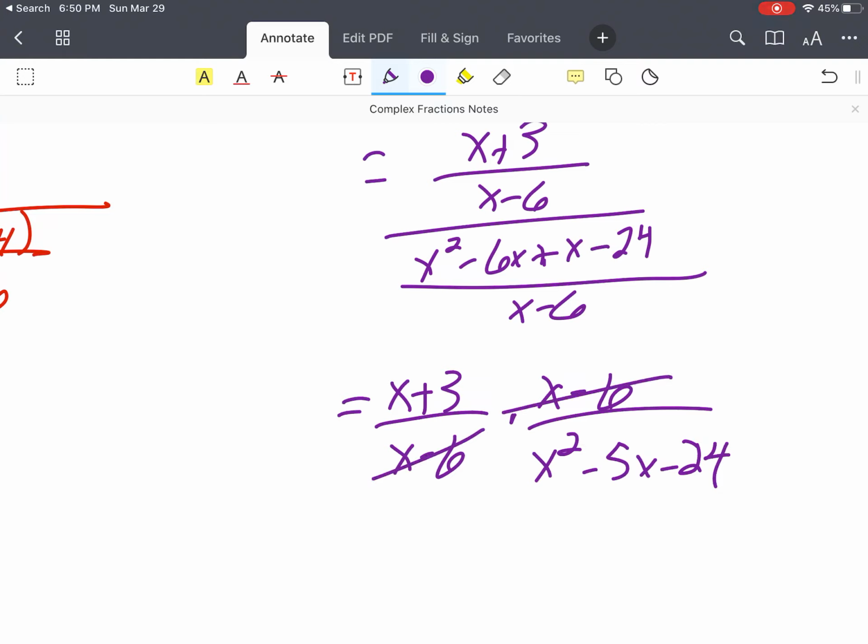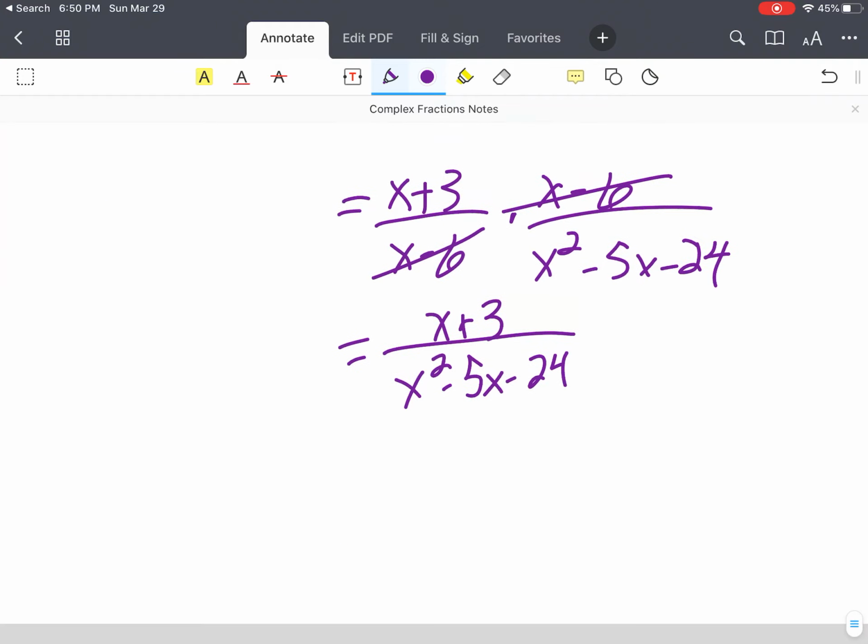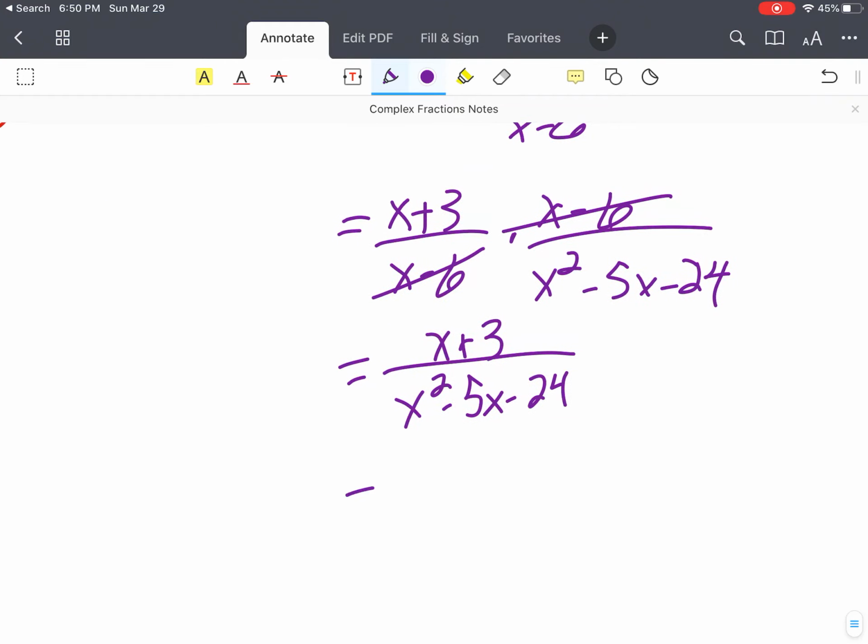Okay. Now again, just like on all the other ones, these two things cancel. It will not always happen, but it will usually happen. And I'm left with x plus 3 over x squared minus 5x minus 24. Now, let's see. Factors of 24, can they get me to 5? If I do a negative 8 and a positive 3, yep, that gets me there.